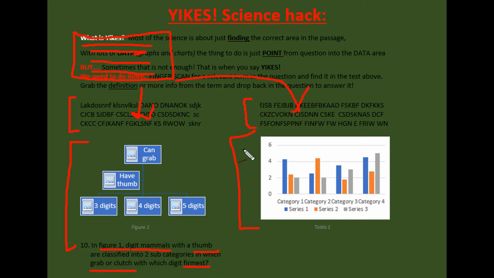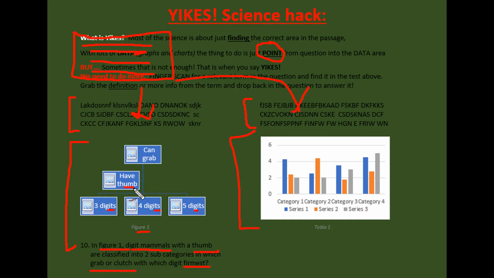Now let's go back in here and point. I underlined what's relevant. Now I have to get to the right area. Figure 1, where's that? That's table 1. Here it is. Digit mammals, here it is, digit. And thumb.